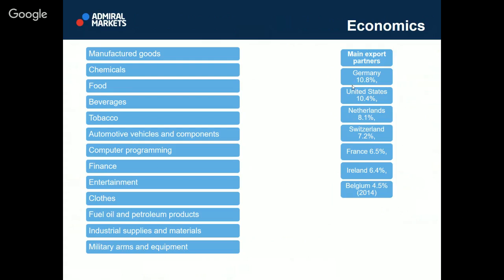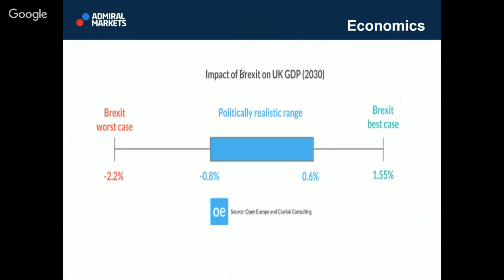That means that between 60 and 80% of Britain's goods exports are linked to European Union membership. Now, if we see a Brexit scenario, this will be the best and worst case of Brexit.